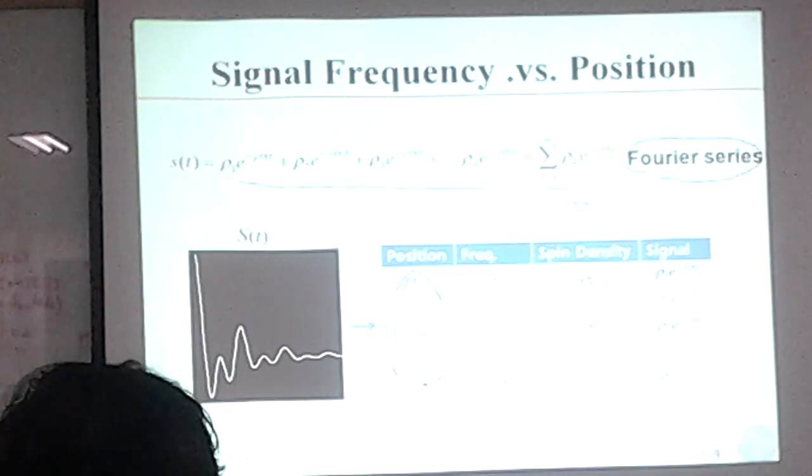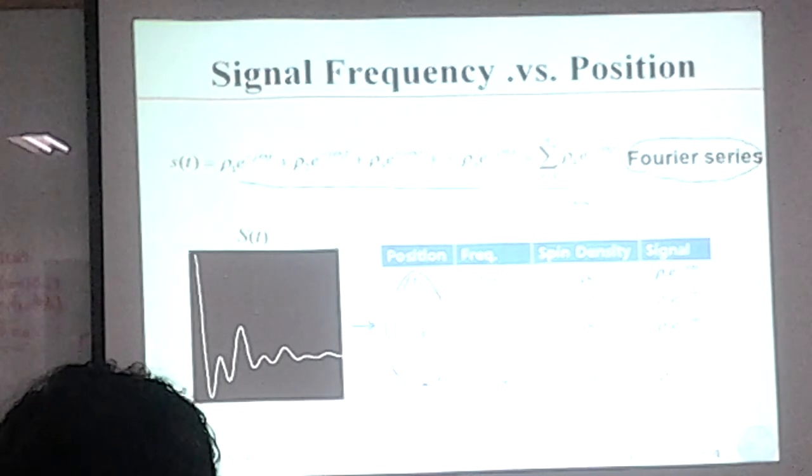And spin density is the number of spins in each pixel or voxel. So the signal can be represented by this equation, because the signal strength is determined by the spin density rho 1, and it has the frequency omega 1.